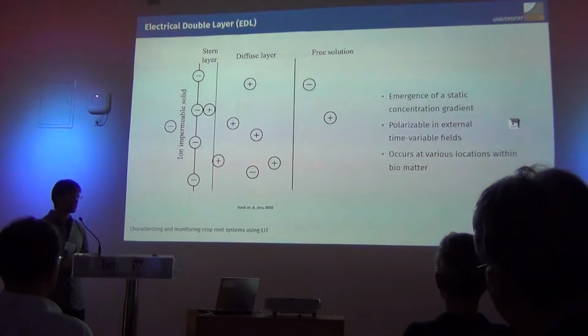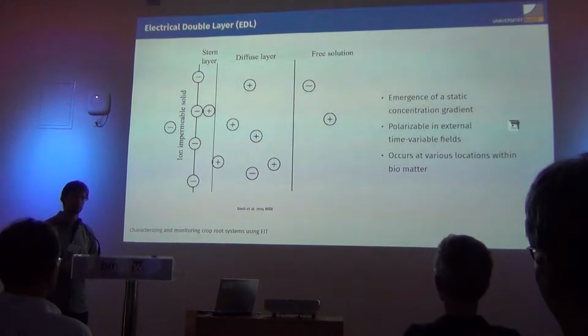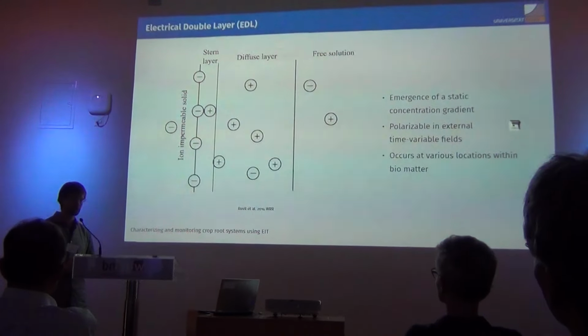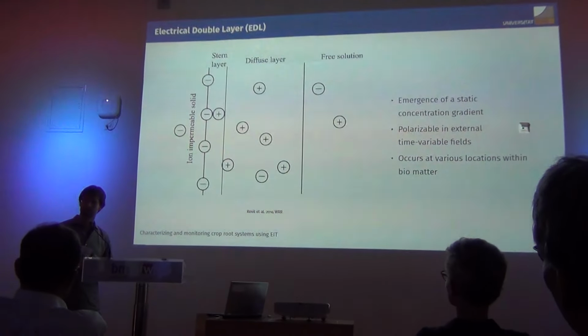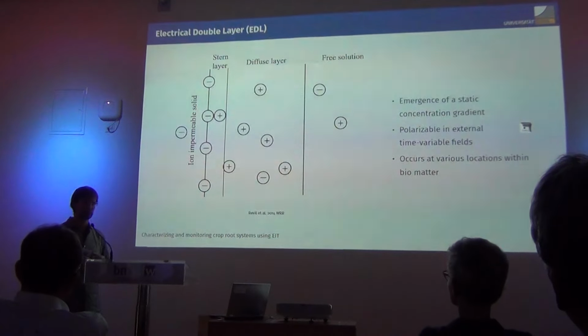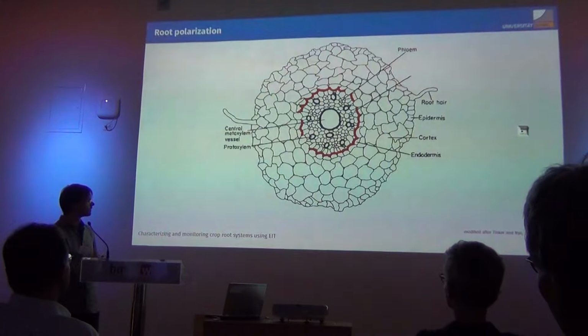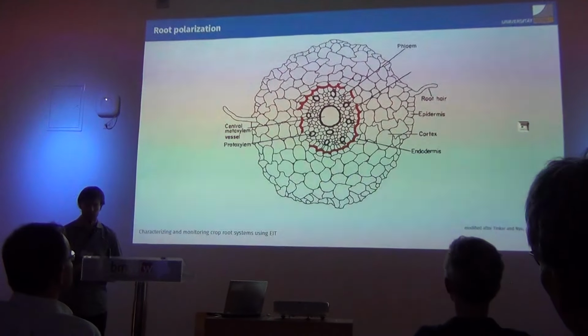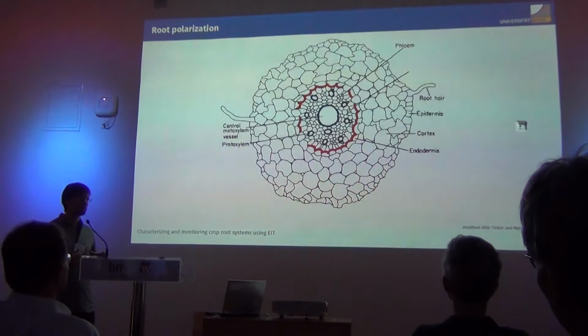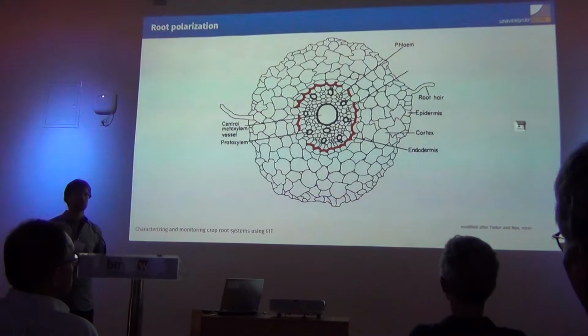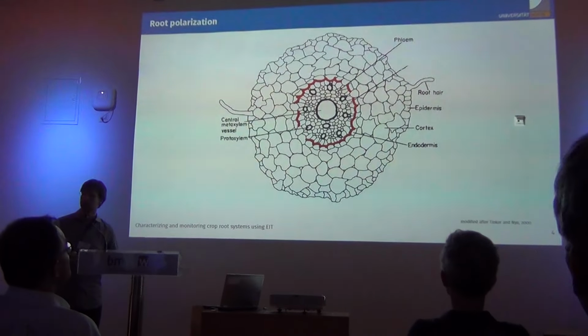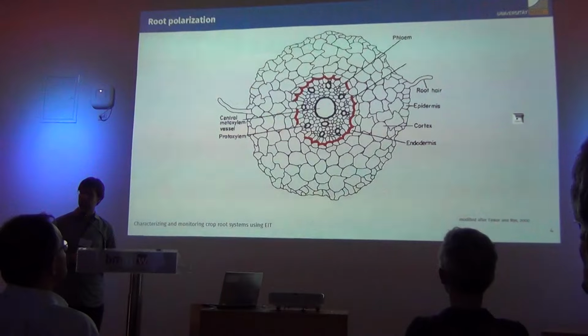But we know that these EDLs also form at all kinds of biomatter, for example, biomembranes at cells in root systems. If we look at the cross-section of a root system, we can identify multiple structures that can potentially be polarized using EDL.